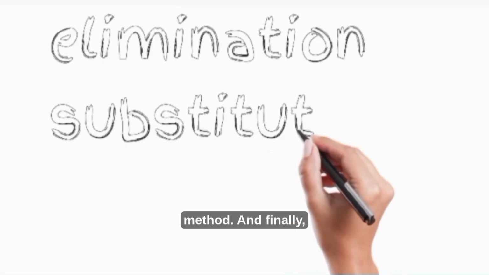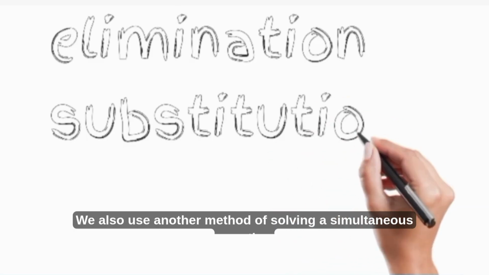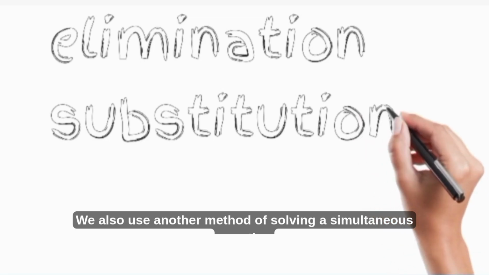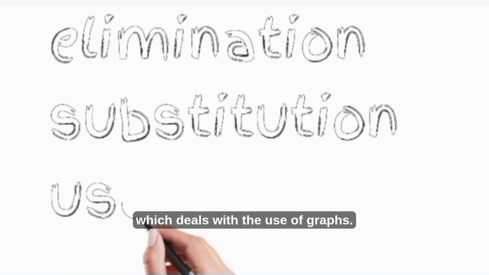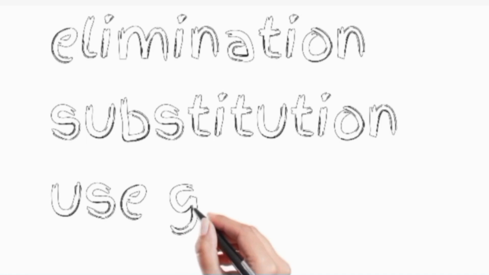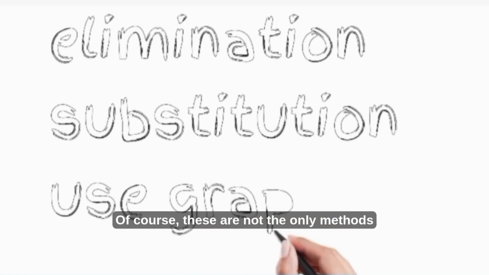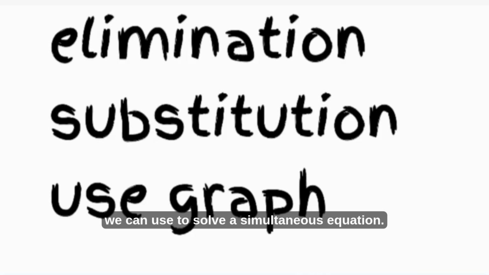And finally, we can also use another method, which deals with the use of graphs. Of course, these are not the only methods. There are some more, but at our level, these are the methods that are examinable, and therefore we shall discuss the three of them.